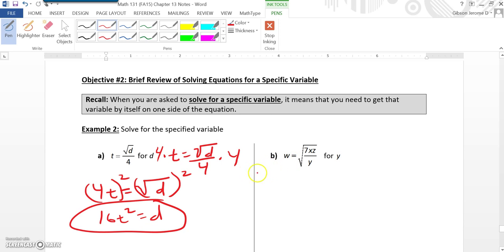Now we come here to B. We want to get Y by itself. But the first order of business is to get rid of this square root. So we'll square both sides.